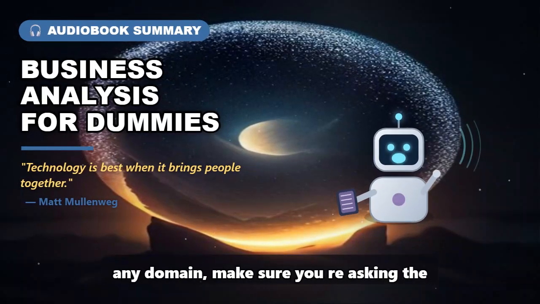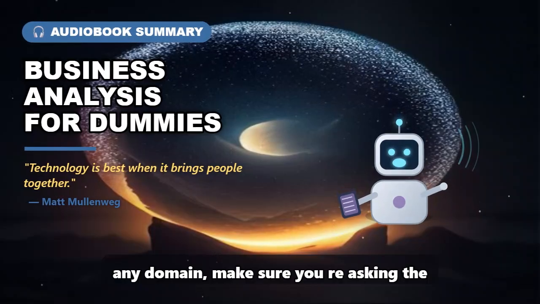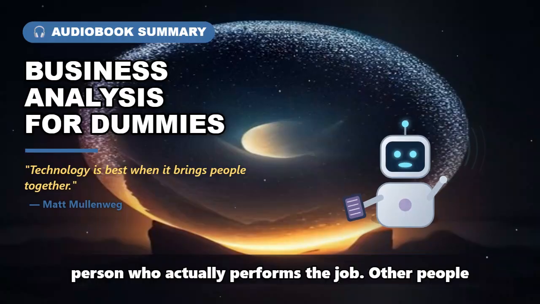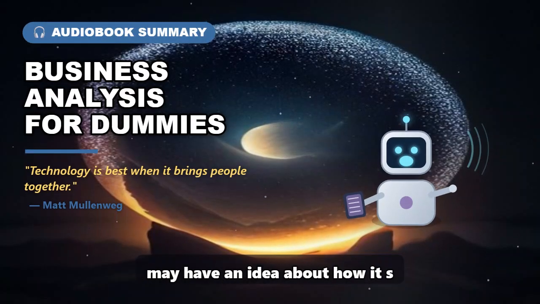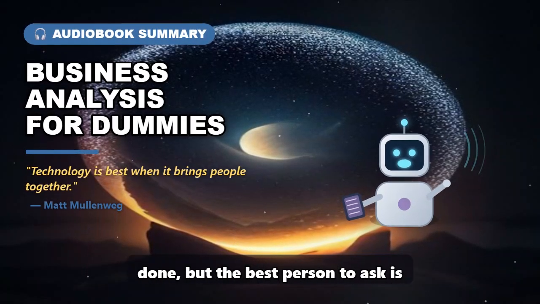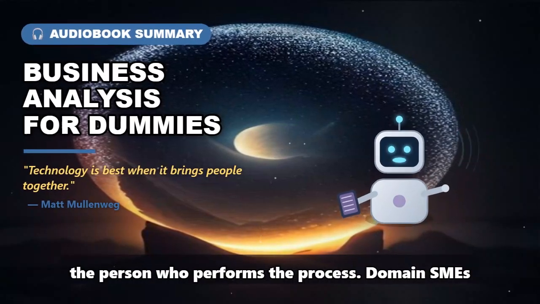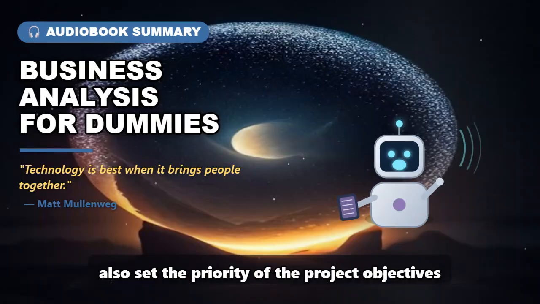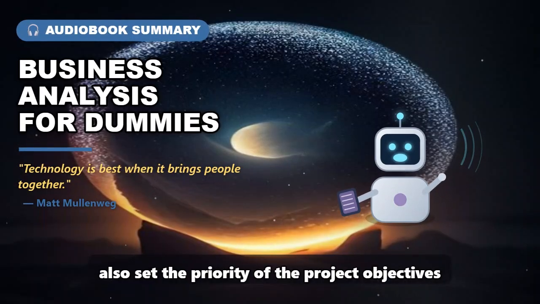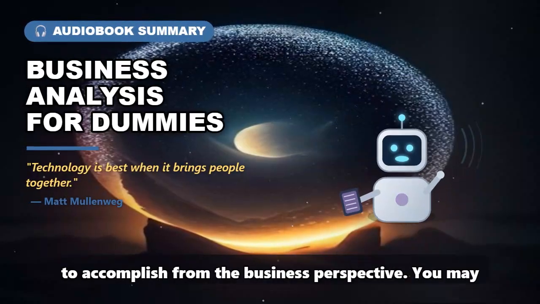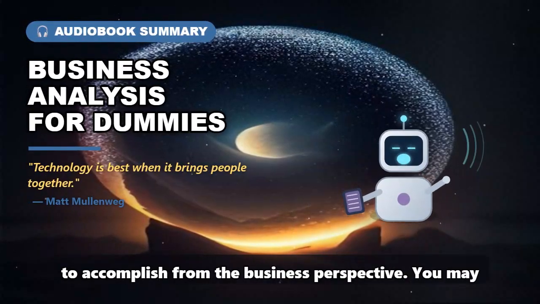In any domain, make sure you're asking the person who actually performs the job. Other people may have an idea about how it's done, but the best person to ask is the person who performs the process. Domain SMEs also set the priority of the project objectives and the requirements based on what they need to accomplish from the business perspective.